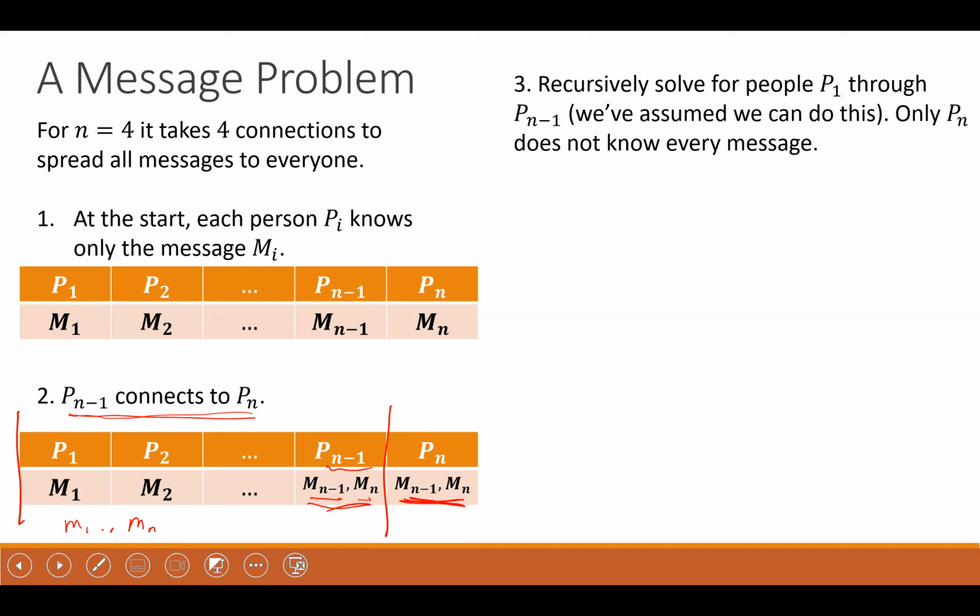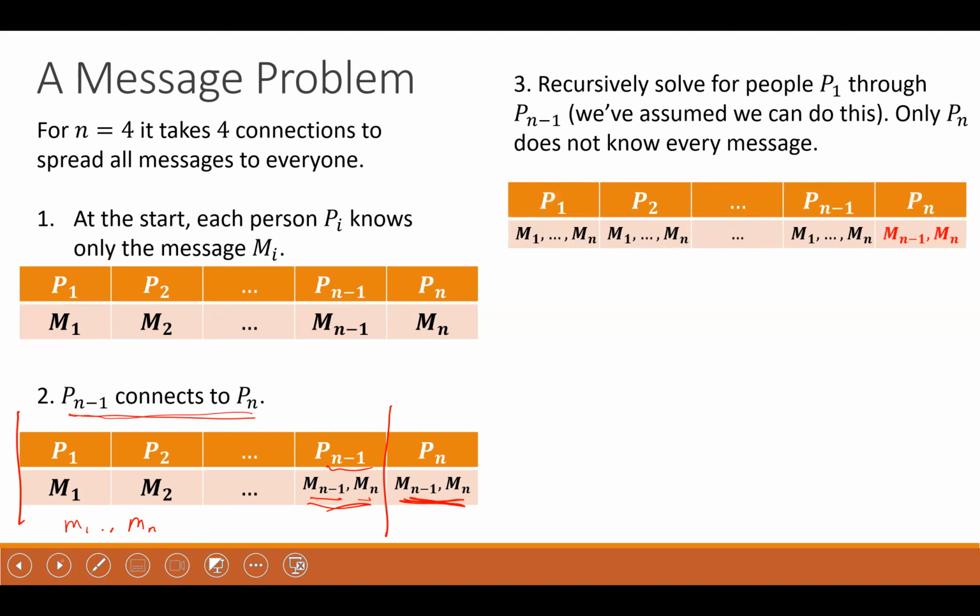Since I can recursively solve it for people p1 through pn minus 1, now everybody from person 1 to n minus 1 knows every message. And the only person left that doesn't know all the messages is person n.